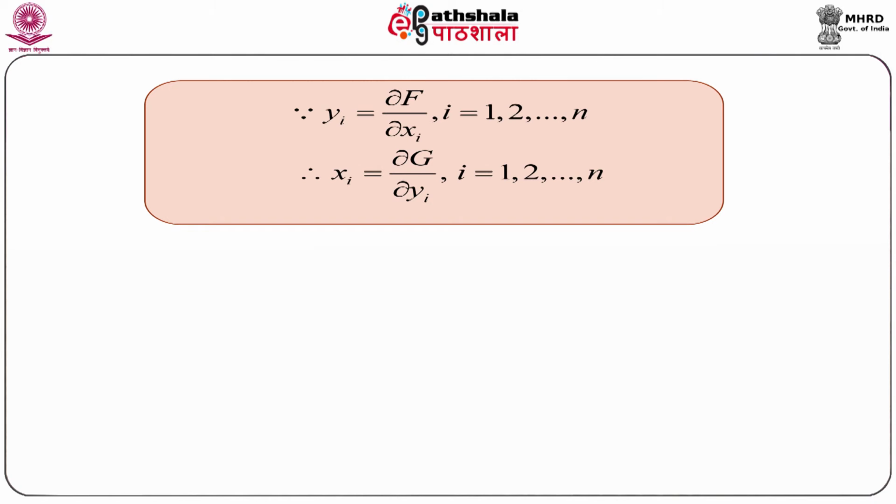Since it is given that yi equal to del capital F del xi for i equal to 1, 2 up to n, and as delta yi's are arbitrary, since yi's are independent coordinates, we have xi equal to del capital G del yi. This result holds for i equal to 1, 2 up to n.